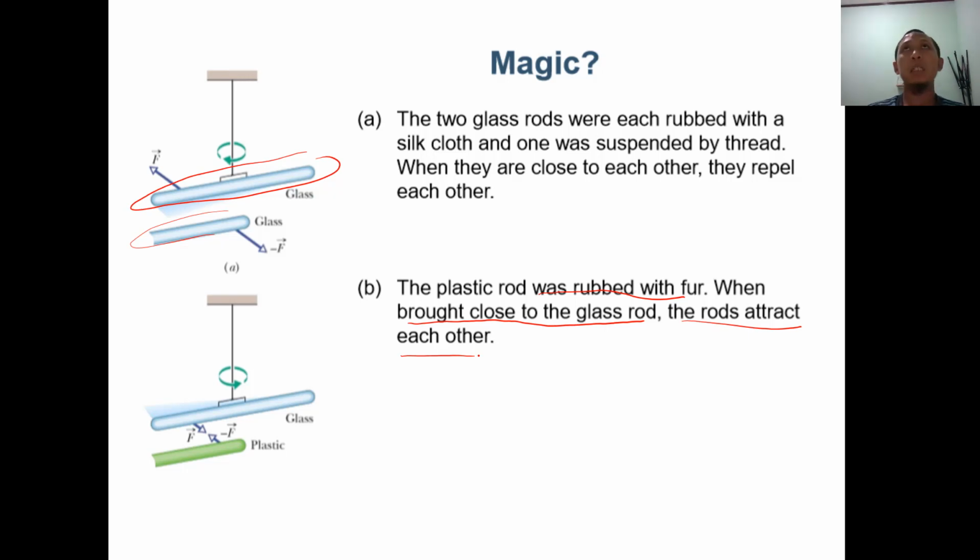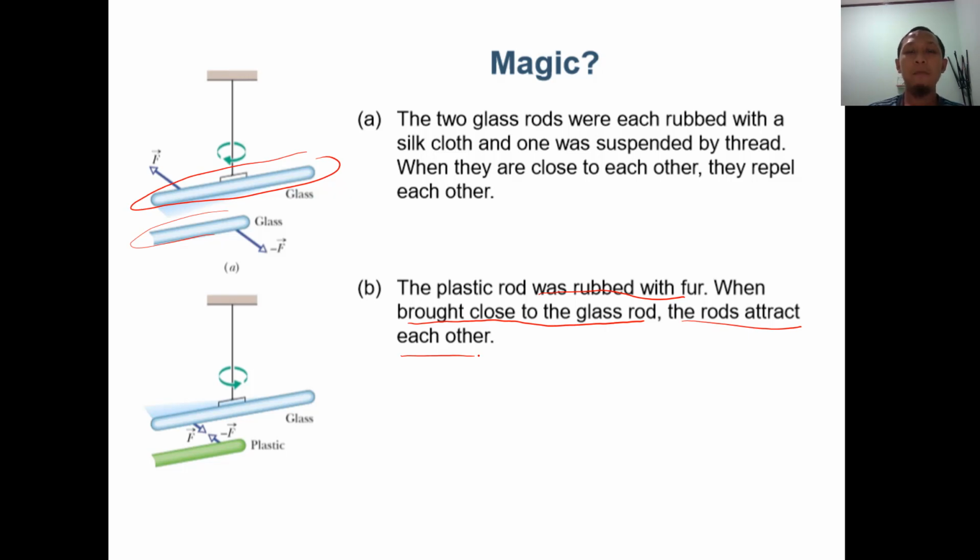So if we have two glass rods, we call it the charge of the glass is similar. It means that, maybe you remember, if the charge is similar, like negative to negative, positive and positive, they will repel each other.